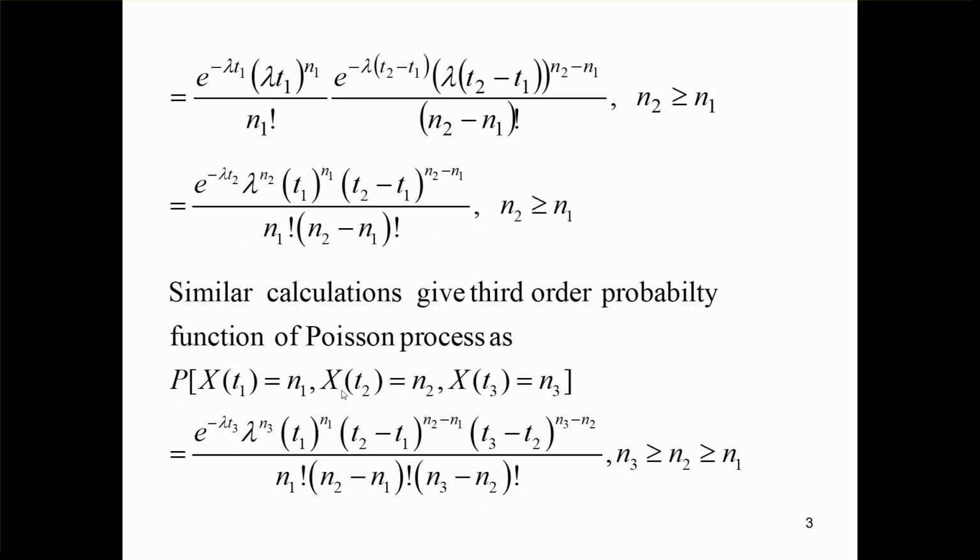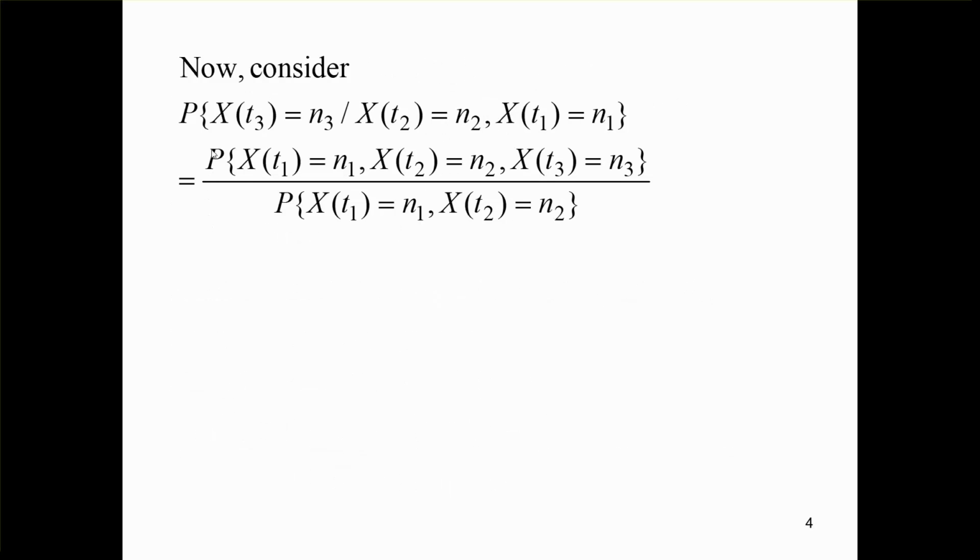That means this, right? X(t1)=n1, X(t2)=n2 and X(t3)=n3. So now we go to that step we talked about in the starting, that we have to establish this equals to this slash this only. Now again in this step you apply the definition of conditional probability.